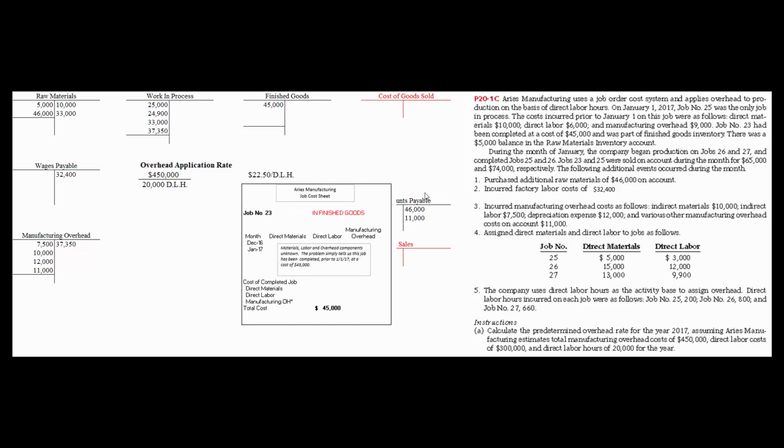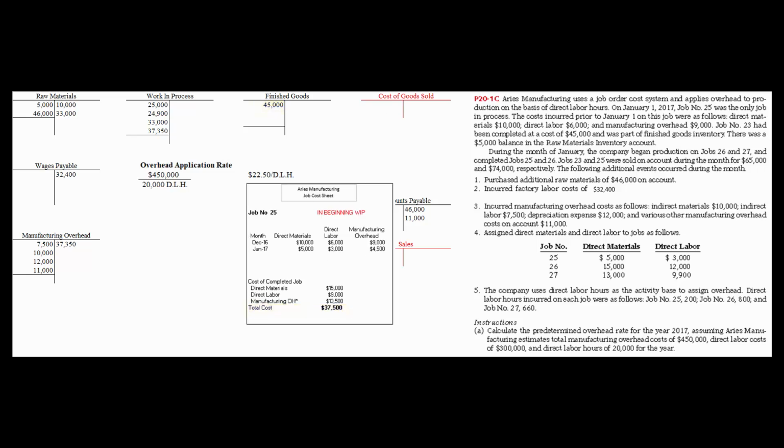All right, let's take a look at our job order cost sheets to figure out what happens to the work in process, the finished goods, and the cost of goods sold account. Remember that job number 23 was finished before the month of January started. That's the $45,000 that's sitting in finished goods right now. There is no job 24 in this problem, but job number 25 was sitting in beginning work in process.